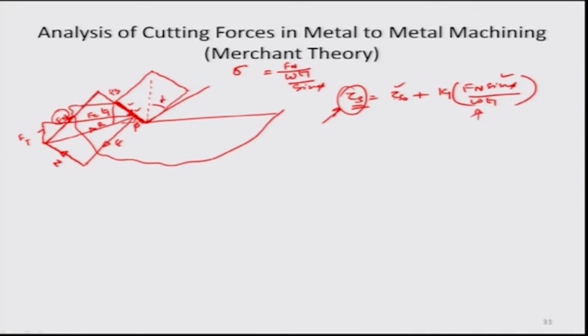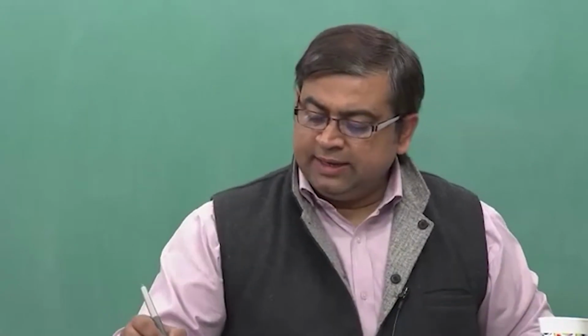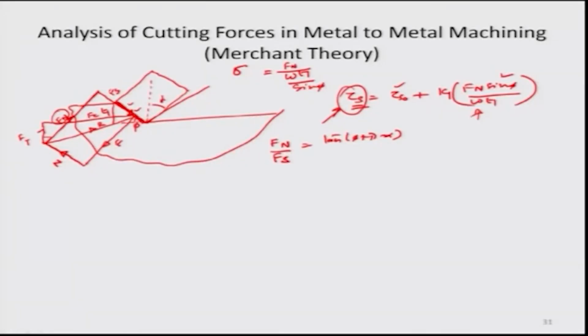So, we already know that we have a correlation between Fs and Fn, and Fs by Fn was earlier recorded to be equal to tan of phi plus lambda minus alpha, if you remember the values that we talked about. Now, Fn by Fs is really how to resolve it as components in this particular figure.